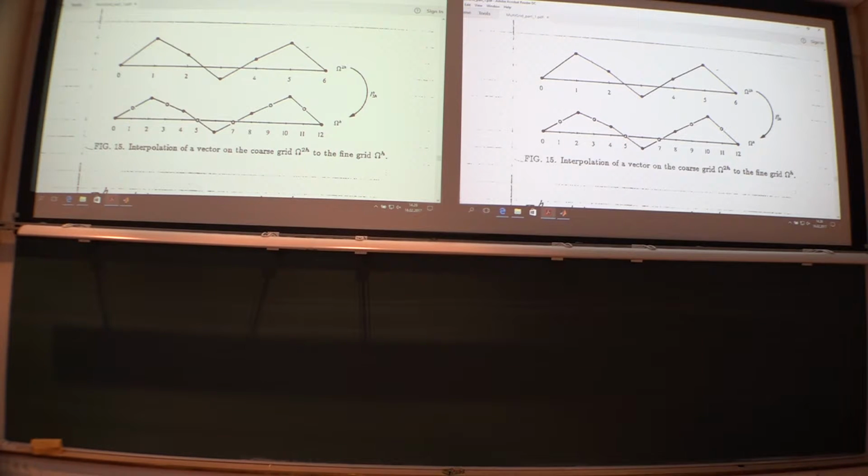So here you just use linear interpolation. That's the simple way to do it. This is okay for this one-dimensional case. And here you have your unknowns in the points 0, 1, 2, 3, and so on.